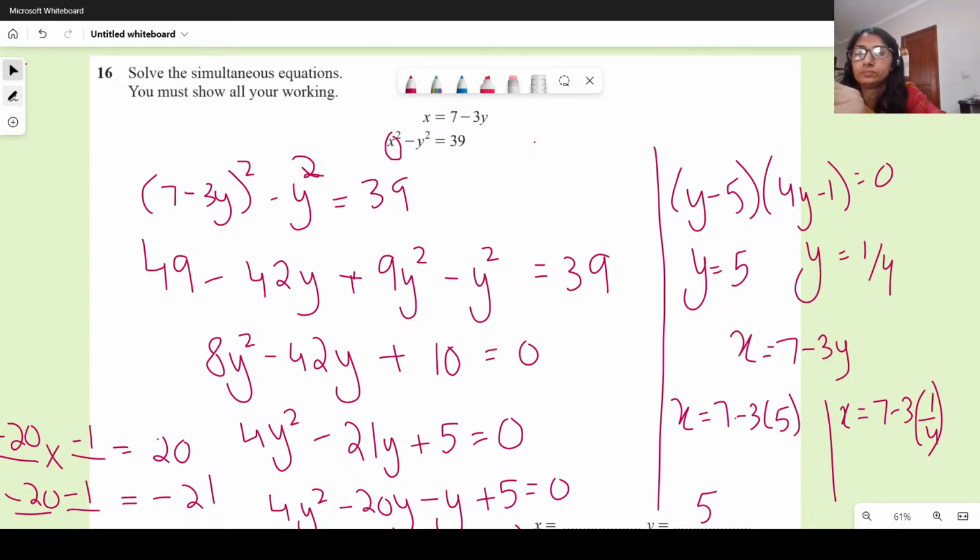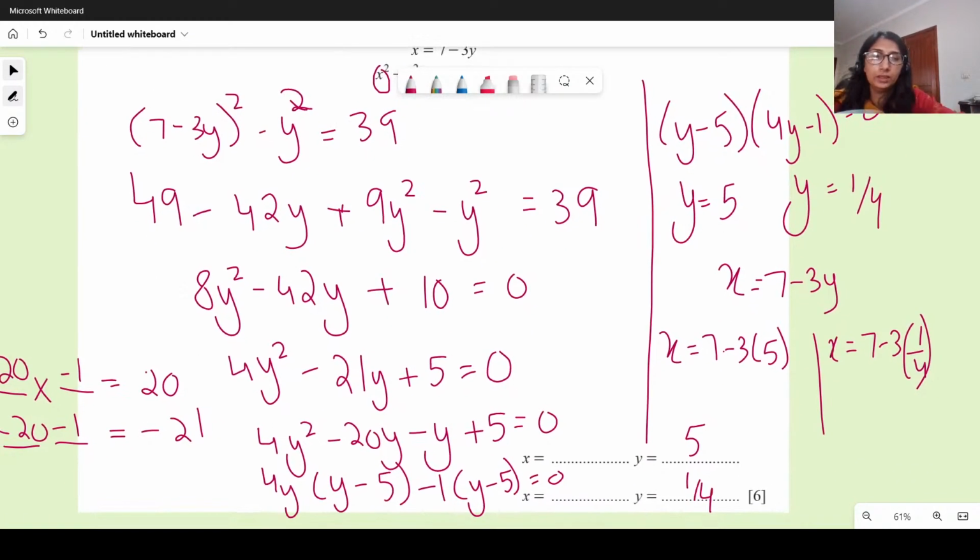So the first one, 7 minus 3 times 5, gives me minus 8. Now the next one is 6.25, or 25 over 4.